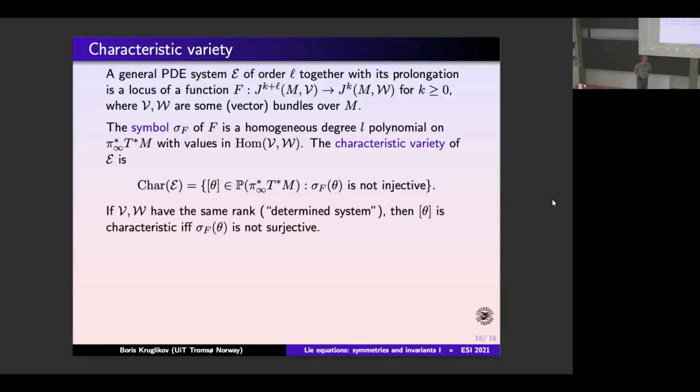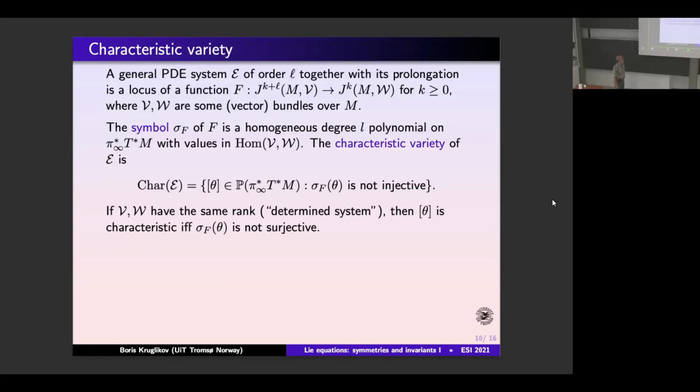And what will be the entry in this? Rows will be the linearization of every component of F, and then you take the symbol of this thing. But since there are several unknown functions, you get not one piece but a row, because for each of those functions you have to take the corresponding symbol.